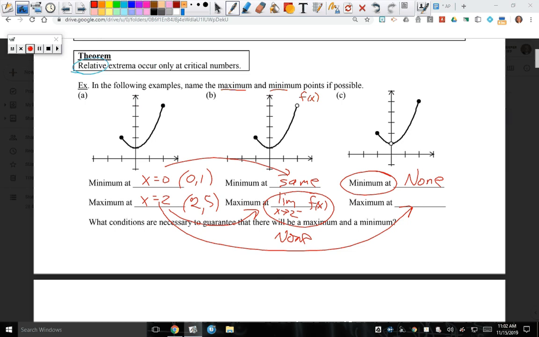Good? Okay. All right, so what conditions are necessary to guarantee that there will be a maximum and a minimum? That's it. The function has to be continuous. So if the function is continuous, and I drew a graph that looked like this, y is equal to 4.